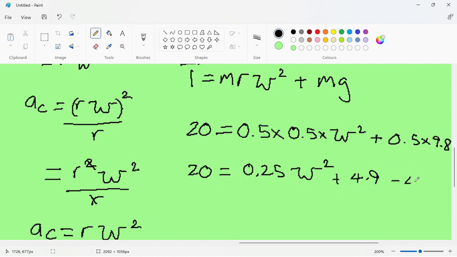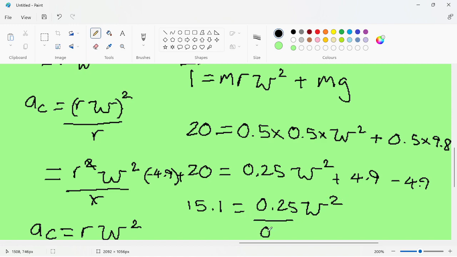Subtract 4.9 from this side, and then subtract it from the other side too. We get 15.1 is equal to 0.25 omega squared.